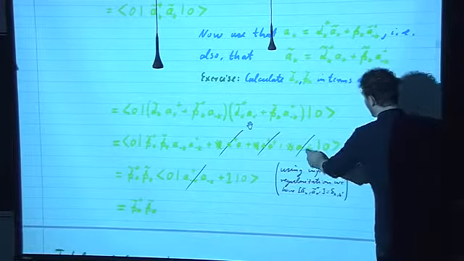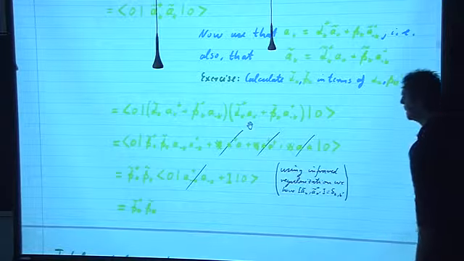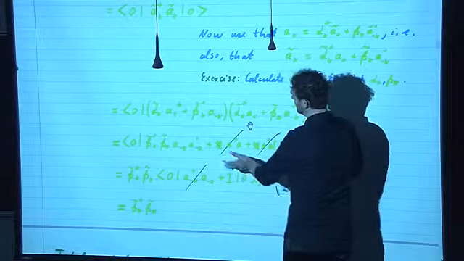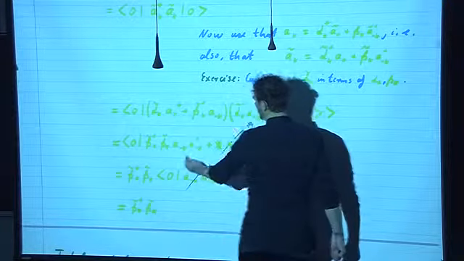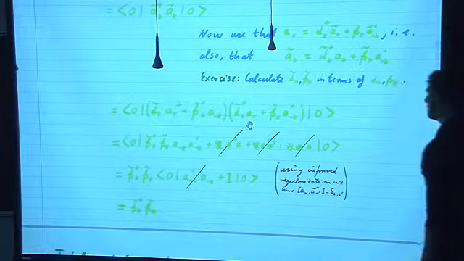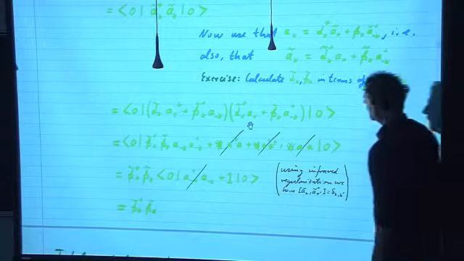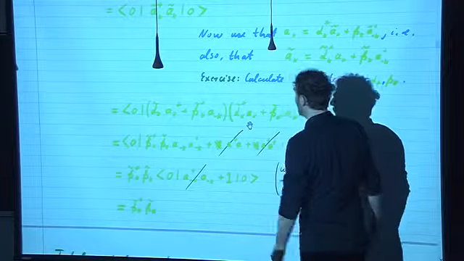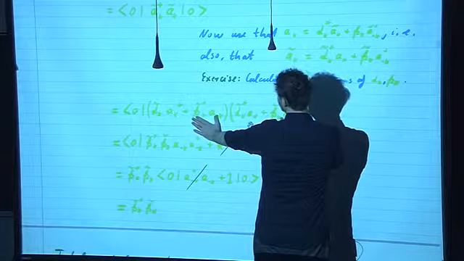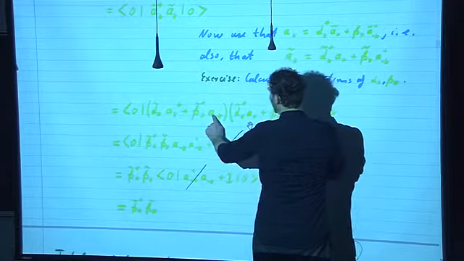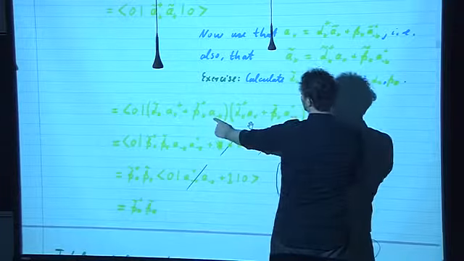Here we have an A annihilating to the right again. And the only terms that survive in this are terms where there is an A acting to the left and an A dagger acting to the right. And that arises from the product of this term with that term. Okay? Here an A acting to the left and an A dagger acting to the right.